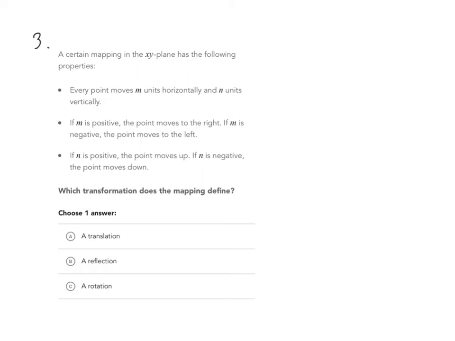So let's say I have my original point here as A, and I'm being asked to move m units and then a negative n. We're going to make it a negative n. So m would move to the right, m units, and then n, sorry, I said it was going to be negative in this example, so I'm going to move down.